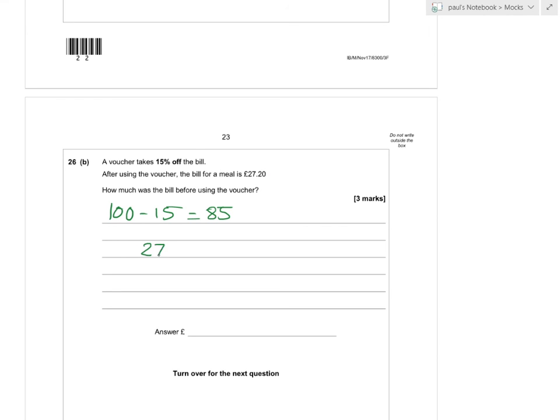So if you do £27.20 divided by 85, you'll find out 1%, and then multiply that by 100, and you'll find out what the original bill was. 27.20 divided by 85, times it by 100, and let's hope it's bigger. Yes, it is. £32 and no pence.